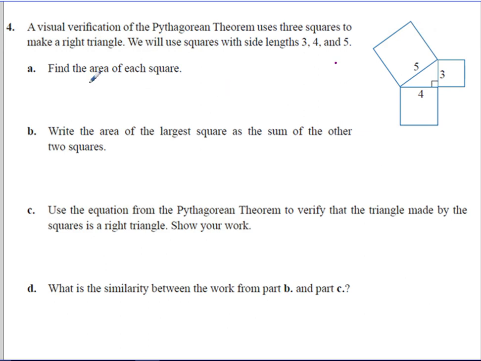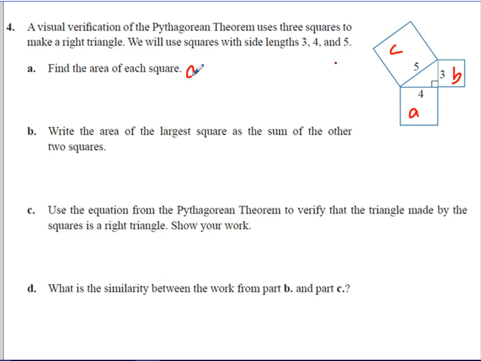So it says to find the area of each square. Well, let's put that in our picture after we find the answer. We know that, let's call this A, B, and C. Again, it doesn't matter which one's A and B. C has to be the one across from the right angle, our hypotenuse.